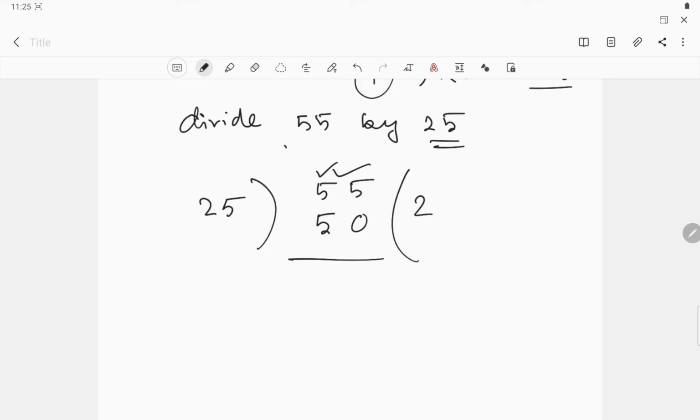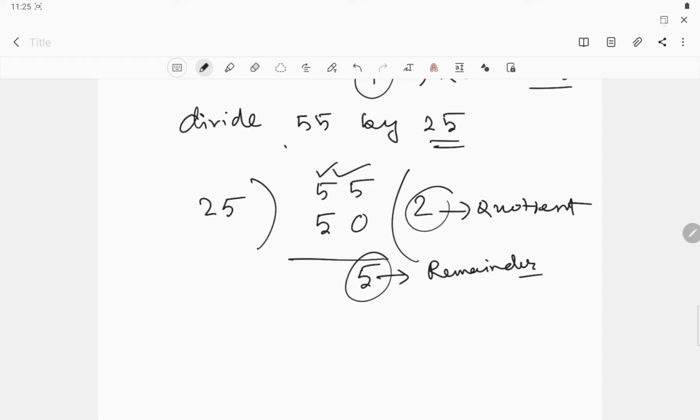This is 5, which is less than 25. Then you have to take 55, which is greater than 25. Now find the number by which you multiply 25 to get the nearest value to 55. So 25 twos are 50. This is the nearest value, and now subtract it, you will get 5. So 2 is the quotient and 5 is the remainder, right?